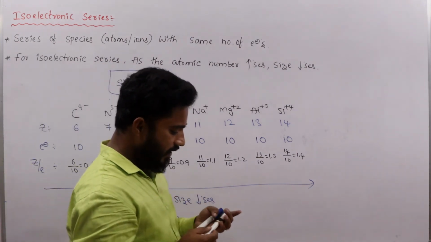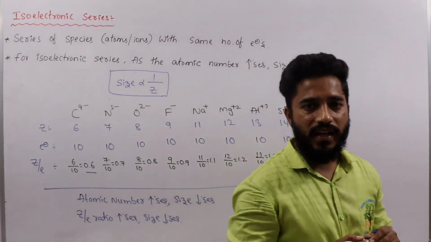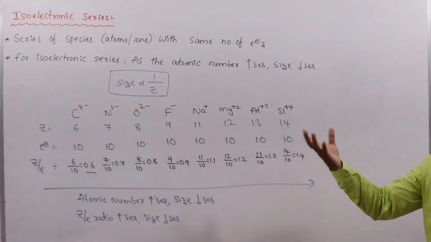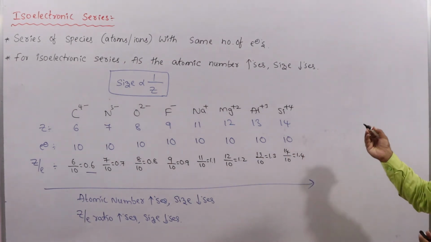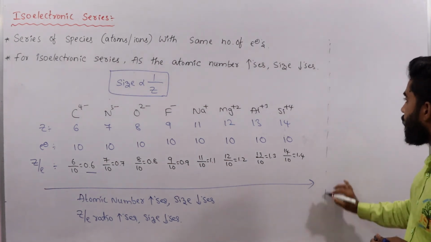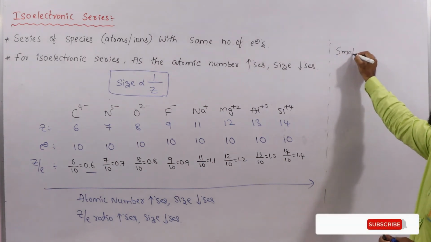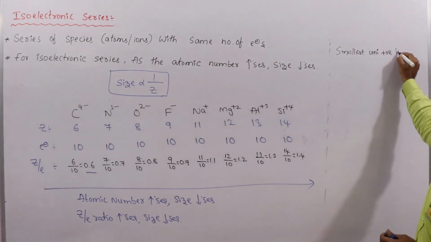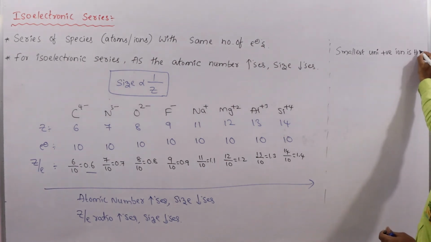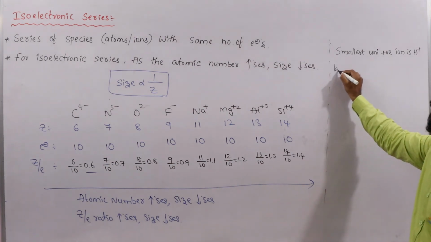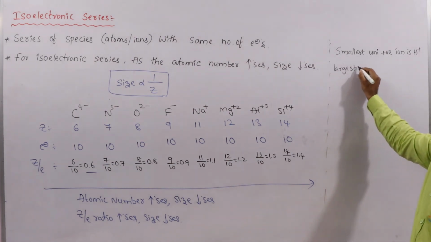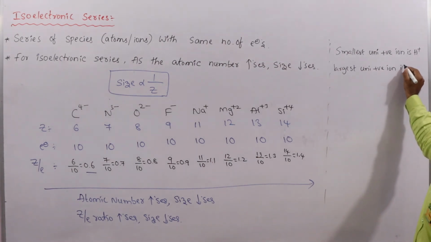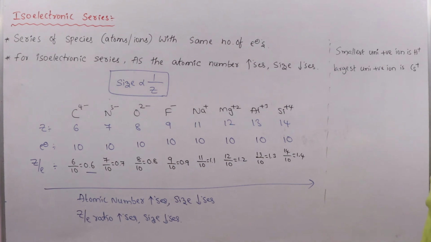In the total periodic table, which one is the smallest unipositive ion and the largest unipositive ion? The smallest unipositive ion is H plus, and the largest unipositive ion is cesium plus.